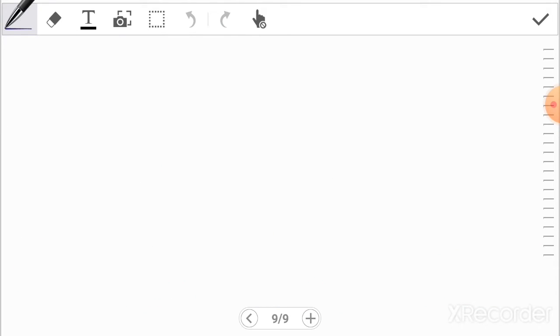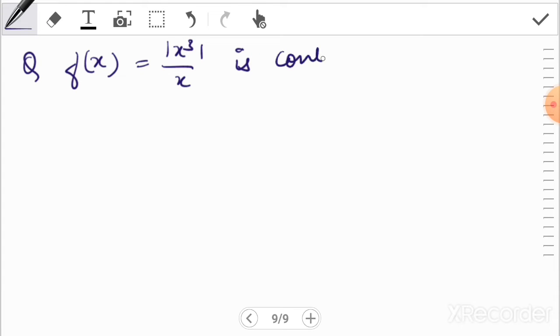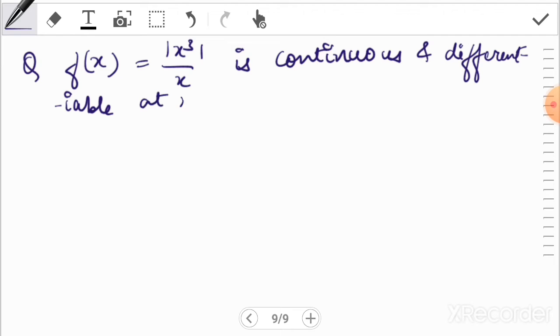So let us see some examples. Find whether the function is continuous and differentiable at x is equal to 0.